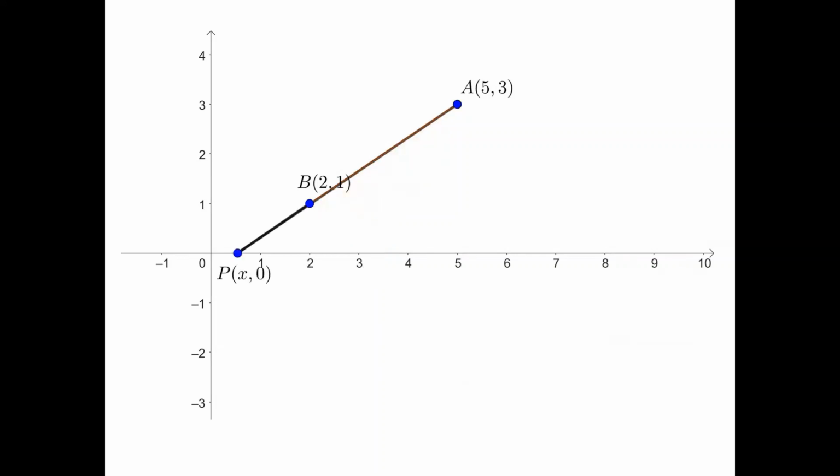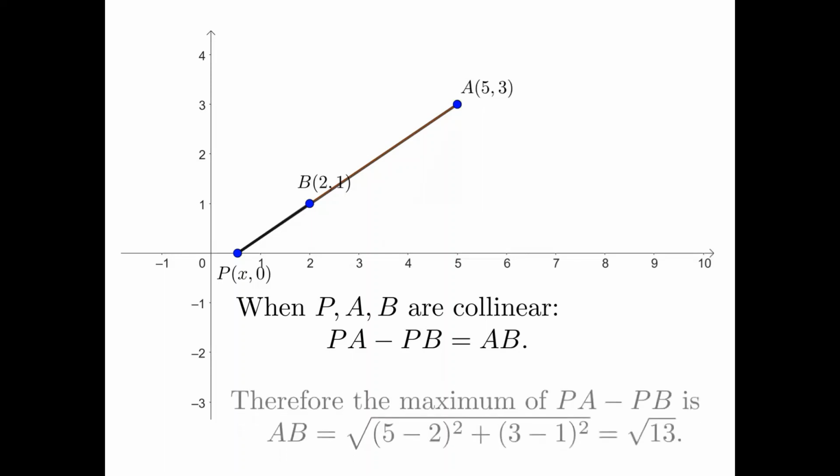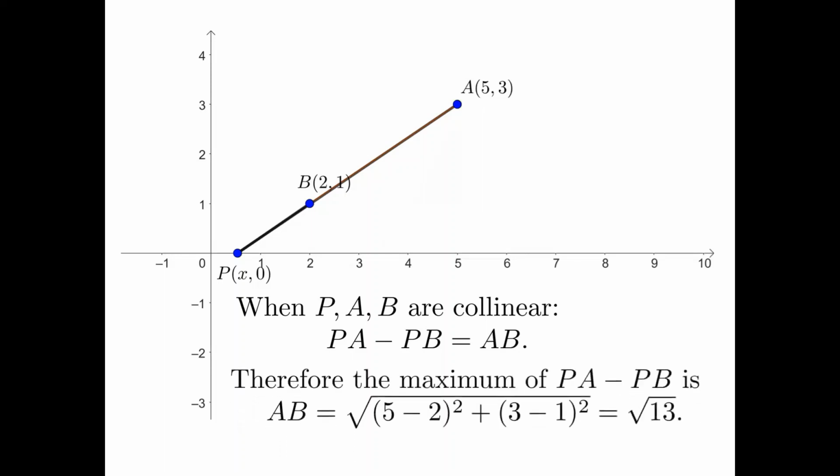The upper bound can be attained when P, A and B are collinear. In this case, PA minus PB equals AB. Therefore, the maximum of the difference is the distance between A and B, which is the square root of 13.